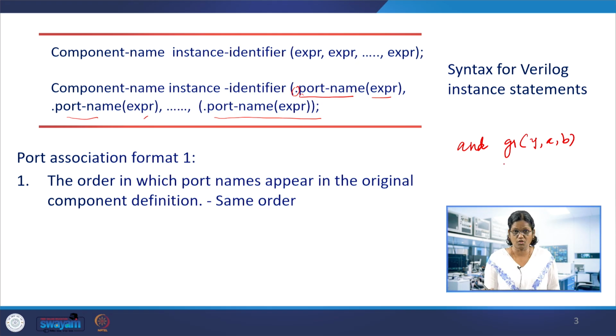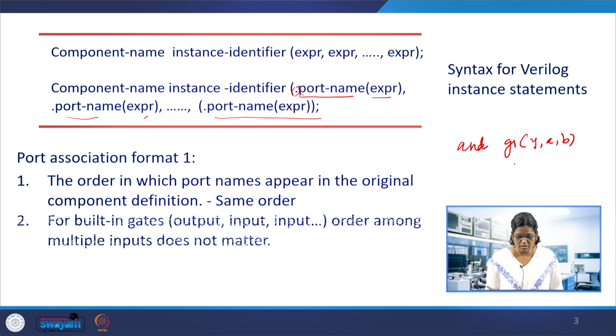In the case of the component name, the first format, the order should be the same as that in which the built-in gate definitions are. It is very important to note the same order. For the built-in gates, the order is output and then inputs.